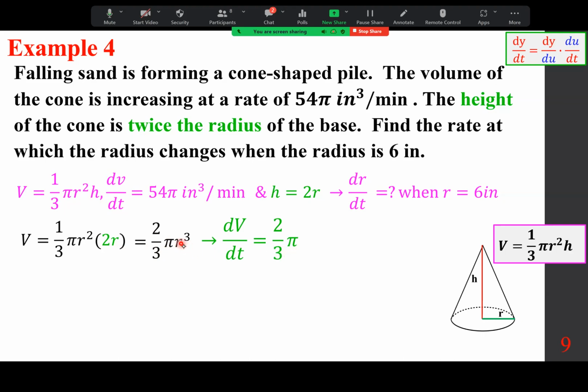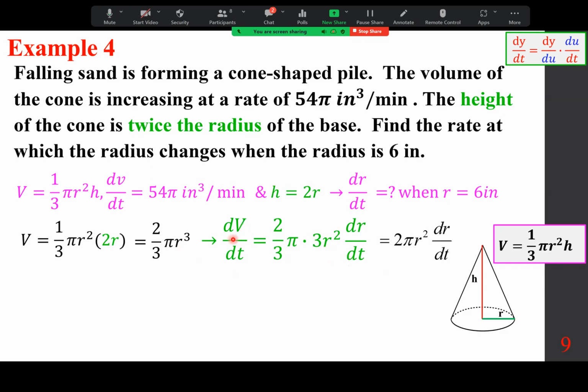Times, now r cubed gives us 3r squared dr dt. The number 3 cancels out this 3. We get 2 pi r squared dr dt.